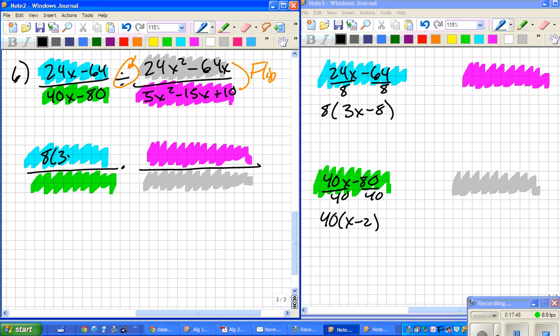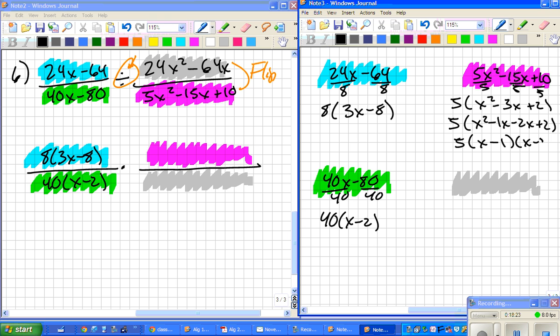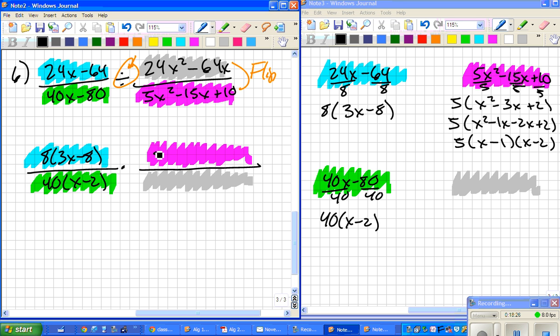So over here, I'm going to start filling this in. 3x minus 8, 40, x minus 2. We get 5x squared minus 15x plus 10. The first rule is to always take out the GCF, which is 5, and that 5 does not go away, even though some of you think that. That goes to x squared minus 1x minus 2x plus 2, which factors into x minus 1, x minus 2.